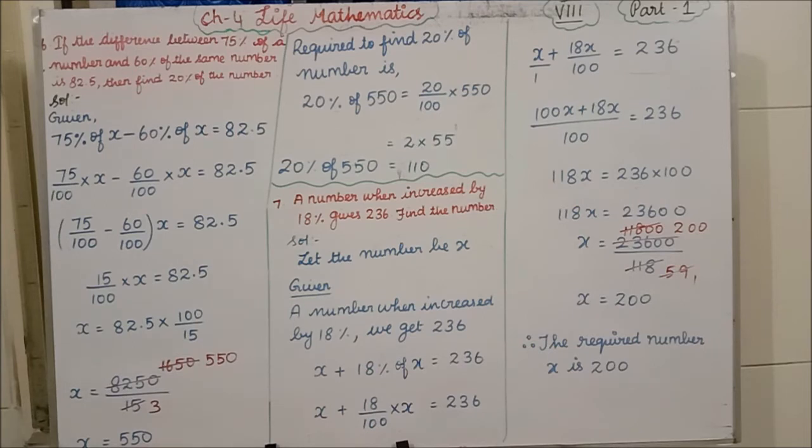Students, I told you in the beginning itself, sum, S-U-M, sum means you have to do plus. Difference means we have to do minus, I told you. Isn't it? We have to do subtract, I told you. Isn't it? What were they saying? The difference between 75% of a number and 60% of the same number is 82.5, they have given.